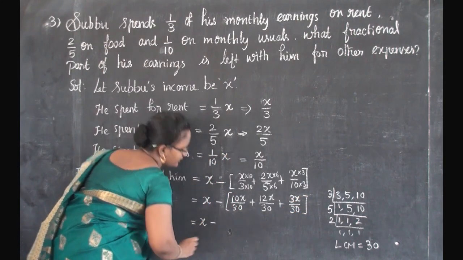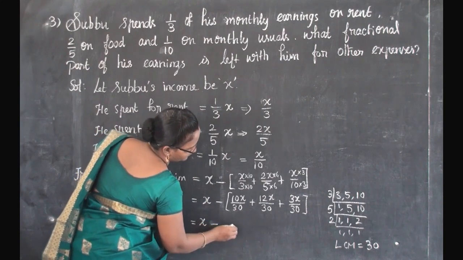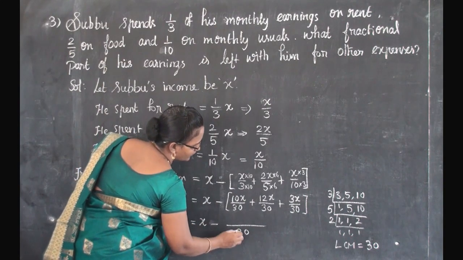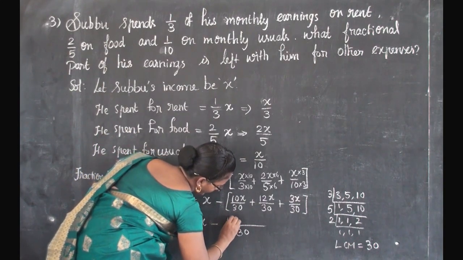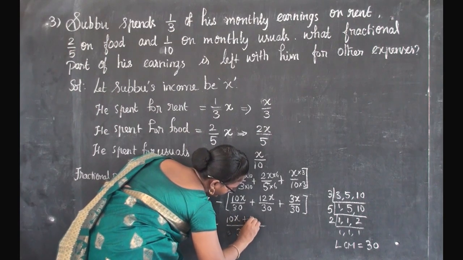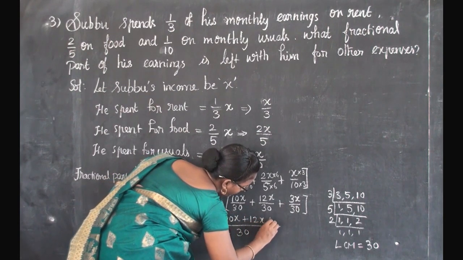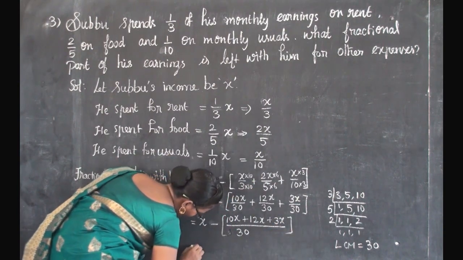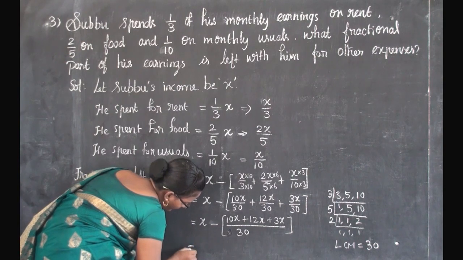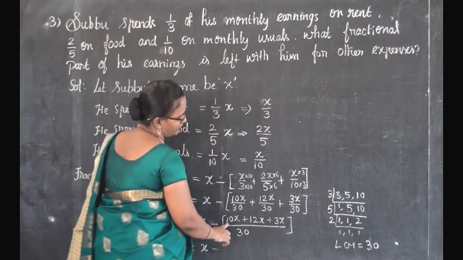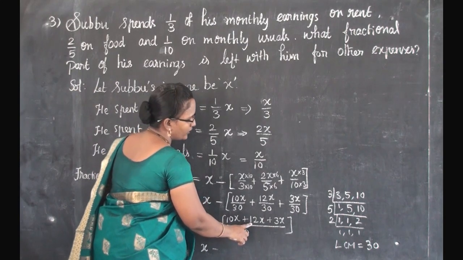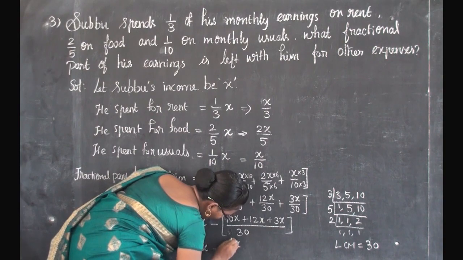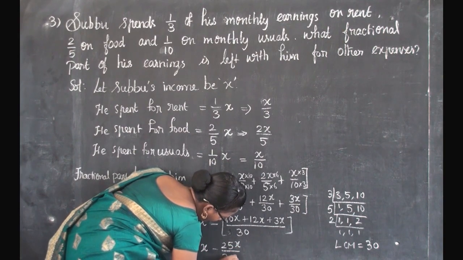So x minus, numerators 10x plus 12x plus 3x. Here x minus 10x plus 12x, 22x plus 3x, 25x. So 25x by 30.